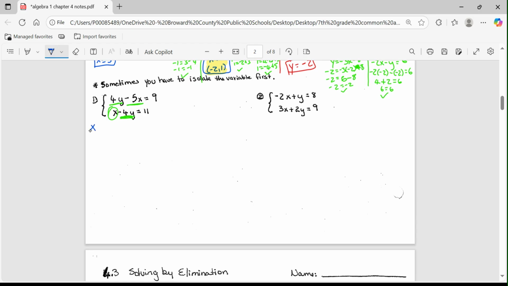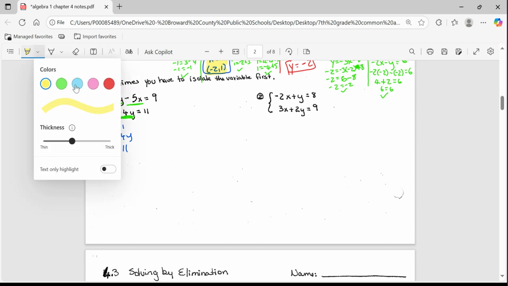I have x minus 4y equals 11. So I am going to isolate the x by adding 4y to both sides. So that x is equal to 4y plus 11. It is this that I'm going to use instead.